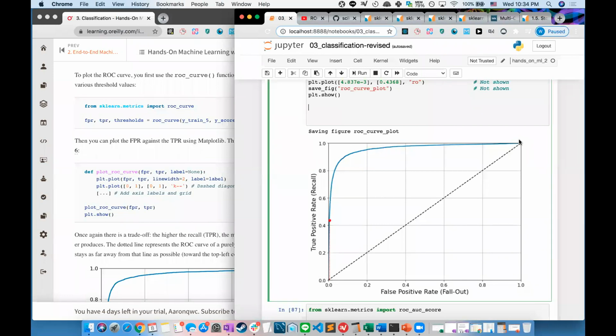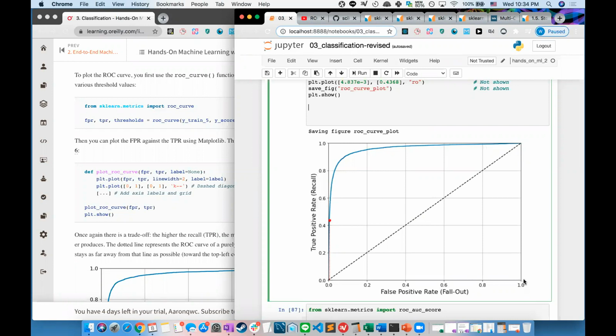That means we're correctly classifying all the true samples, and incorrectly classifying all the false samples. In other words, we're doing great on the y-axis, on the true positive rate, but we're not doing so great on the false positive rate.